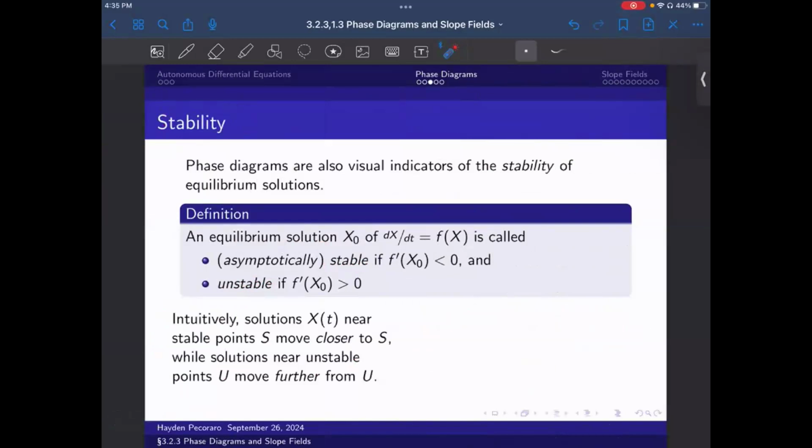We care about how stable an equilibrium solution is. Do points nearby try to get close? Do they sort of wiggle around nearby and not really settle, or do they just try to get very, very far away from the solution? So we call an equilibrium solution stable if the derivative of f is less than 0, and unstable if the derivative of f is positive.